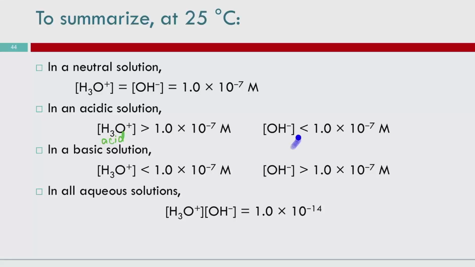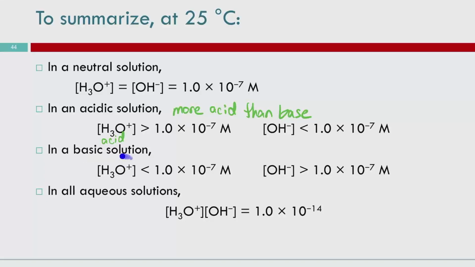And the concentration of our hydroxide is less than 1 times 10 to the minus 7. So in an acidic solution, more acid than base. These can get a little confusing because we're in the realm of negative exponents. So a smaller number, like -5, would be a bigger value than, say, -7 or -12.